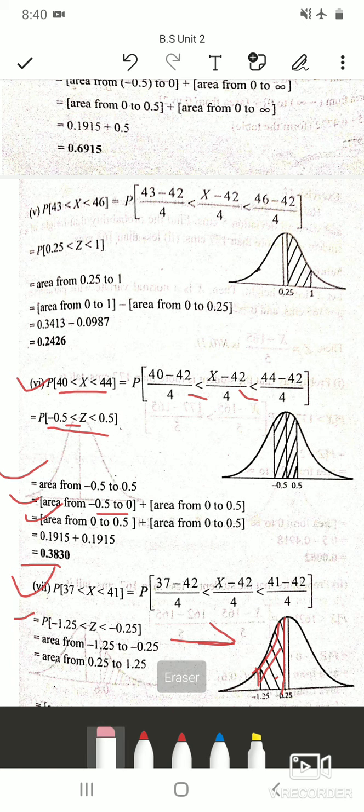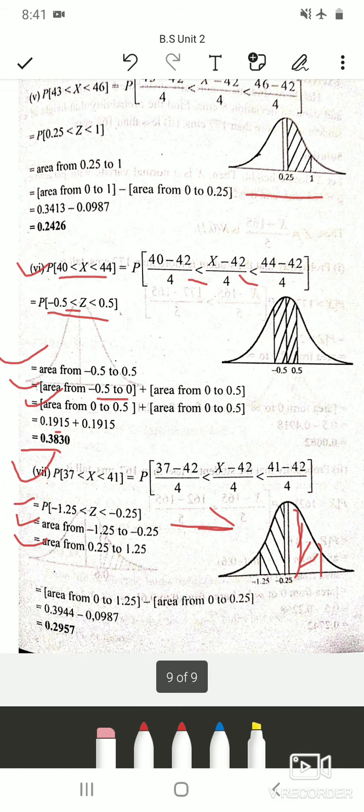This whole region is what we want. It is the area from minus 1.25 to minus 0.25. Because it is symmetric, if you draw it on this side, it will be the area from 0.25 to 1.25, same as the earlier problem.